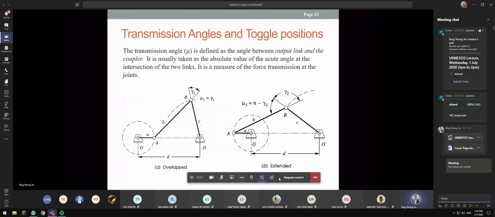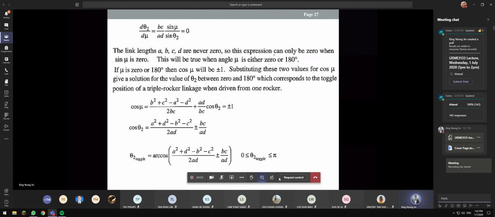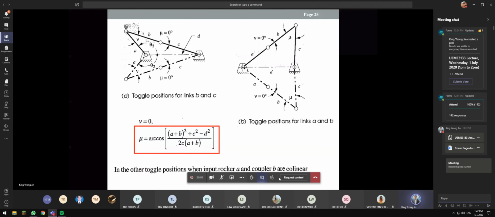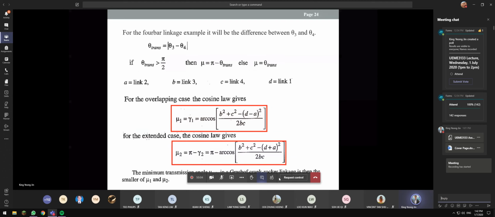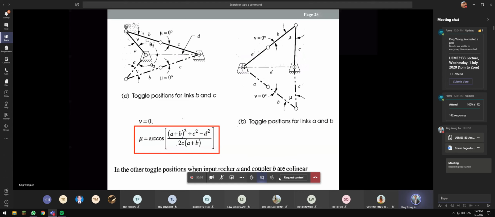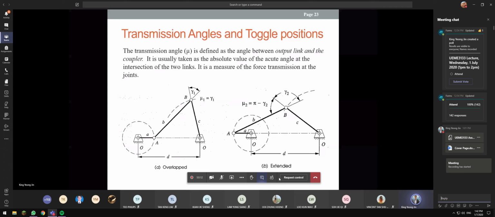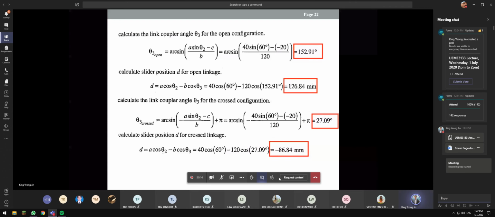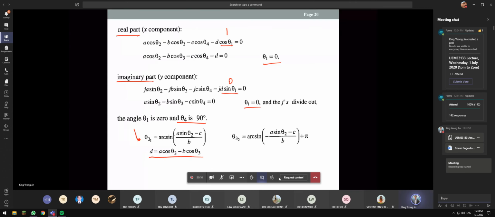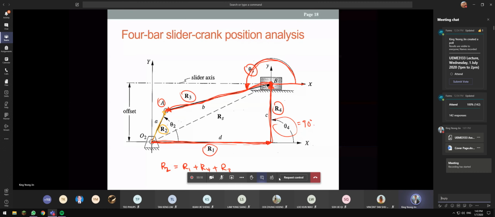Let me see whether we get the example. Give me a second, I will draw what we call the crossed setup.